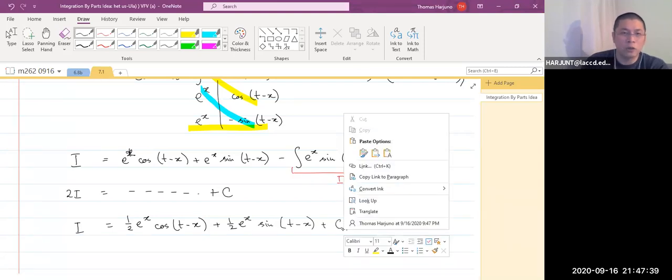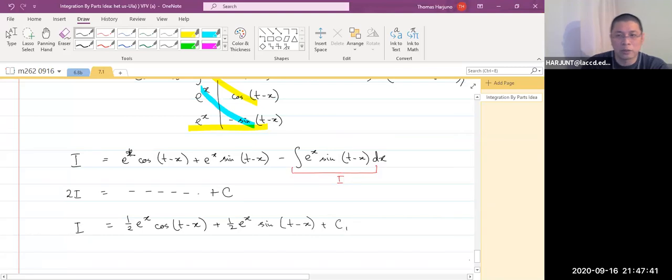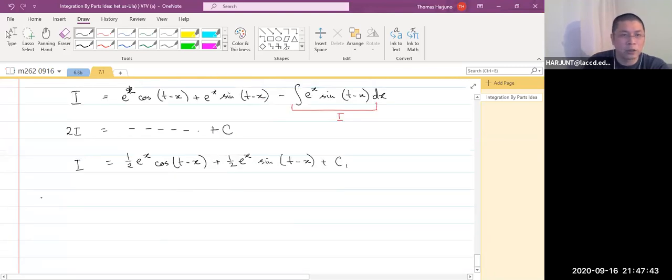But I'm not done yet, because the original question is the integral from 0 to t of e to the x sine (t minus x) dx. I insert the limits of integration now.